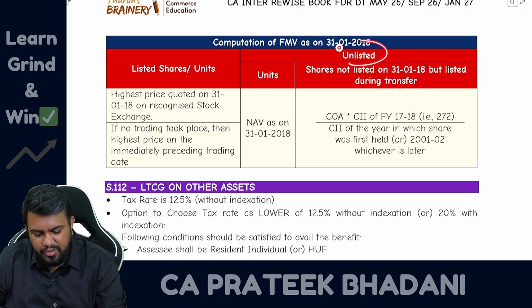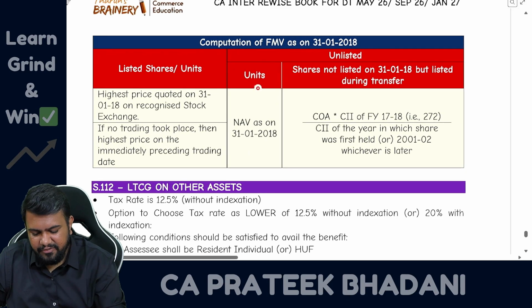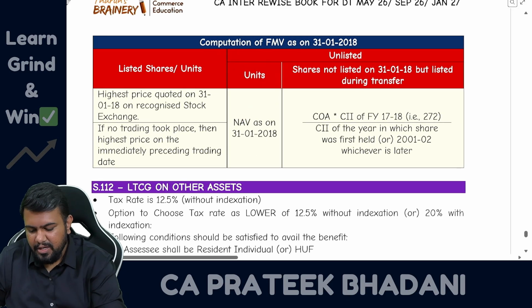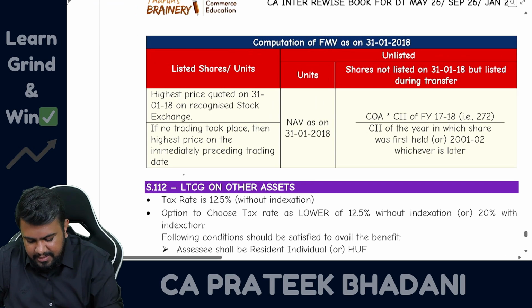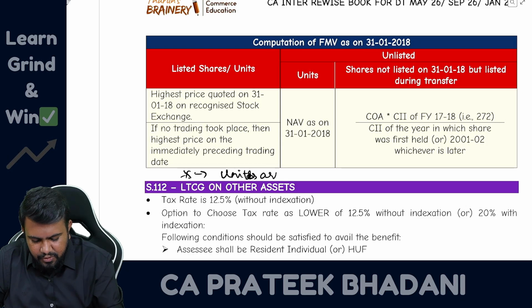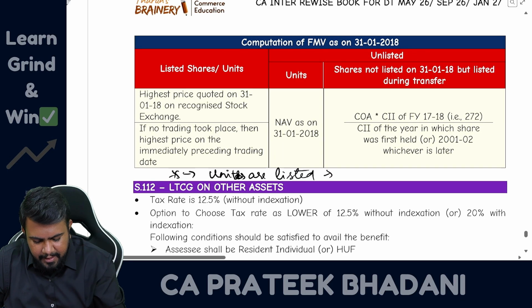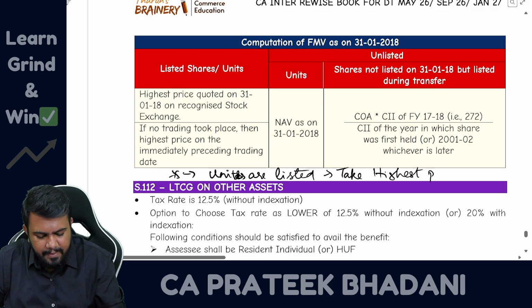If shares or units are unlisted, then in case of units, you have to take the NAV as on 31/1/2018. Here you have to be very careful. Listen, very important: if units are listed, then take the highest price on a recognized stock exchange.